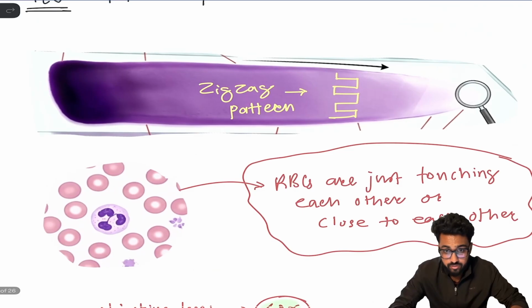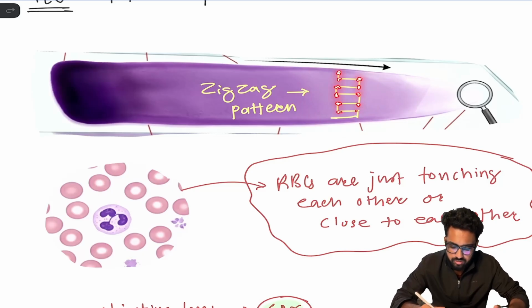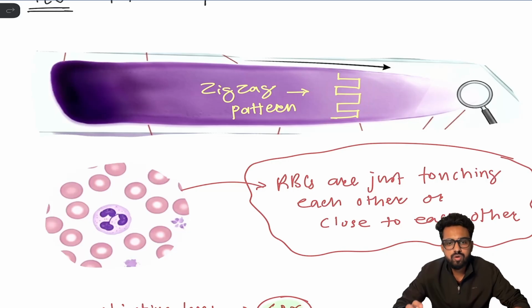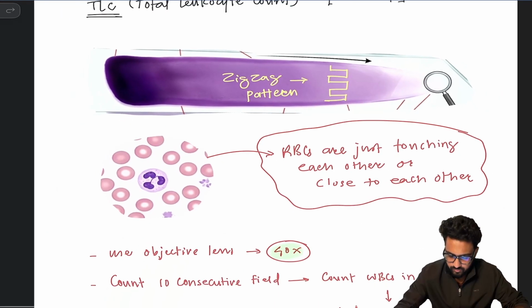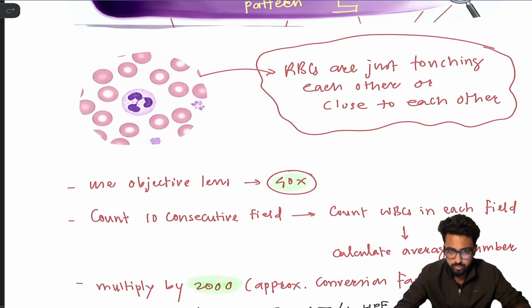After finding that area under the microscope, this is the pattern you should follow. First count at this area, then this. So this is how you should go. This is the zigzag pattern, so it helps to avoid any loss of any area.